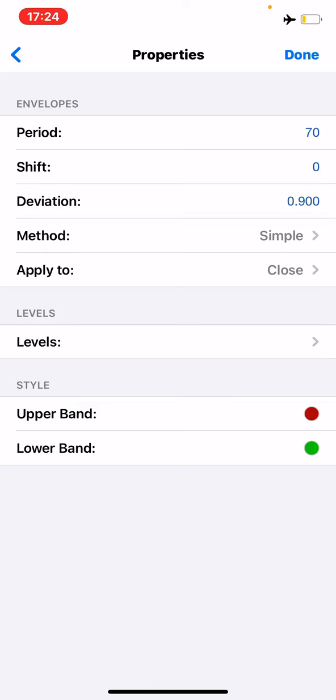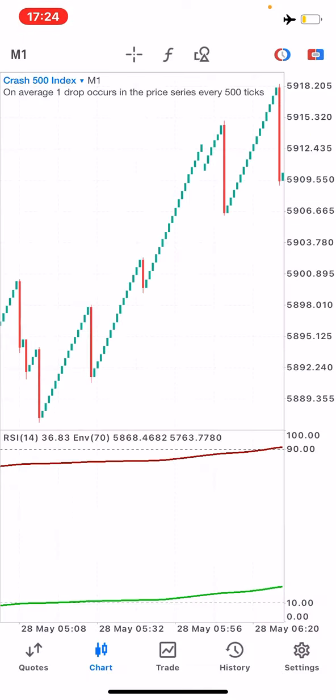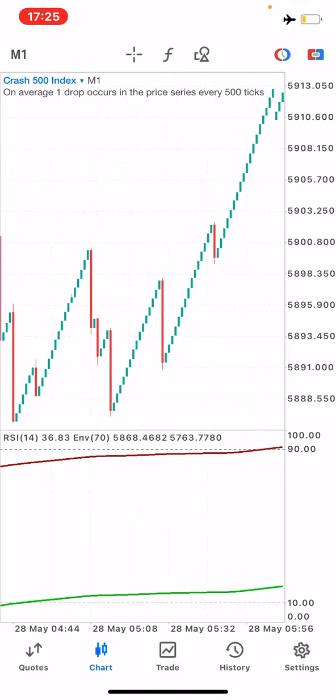We want the upper band to have the red color and then the lower band to have the green color. Okay, so you can pause the video or take a screenshot or write somewhere. All right, and then I'm going to click done, and as you can see, we now have those lines running across our charts.